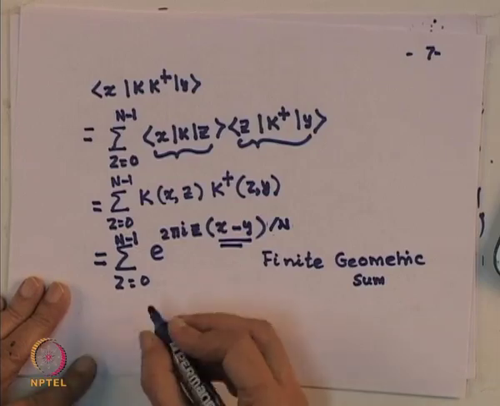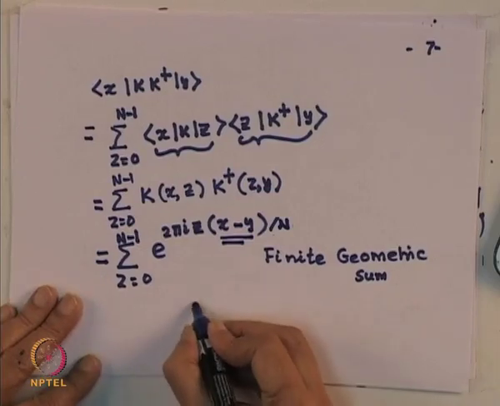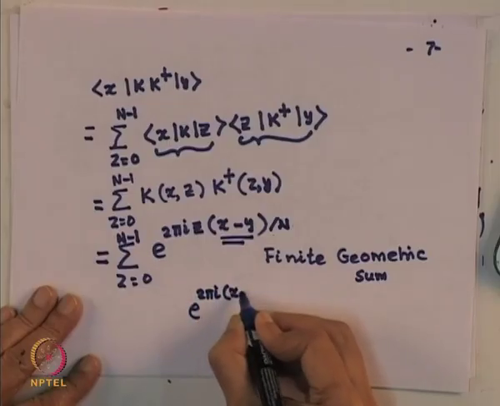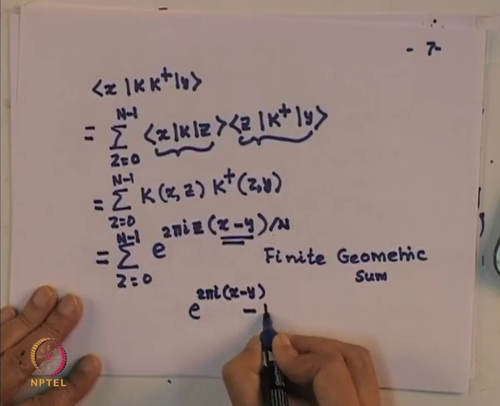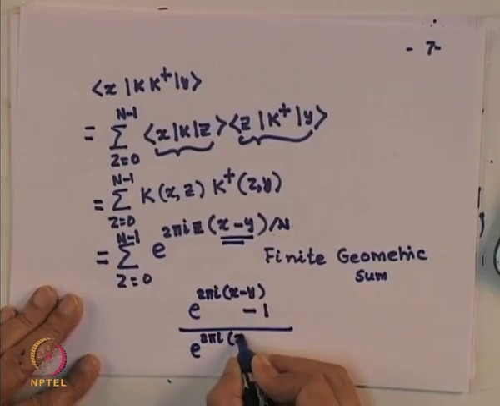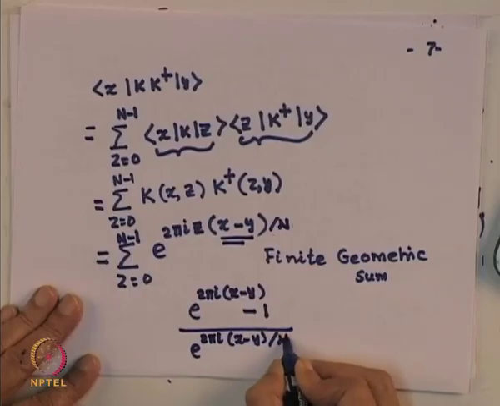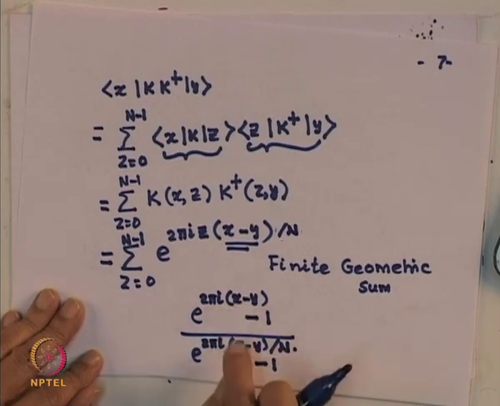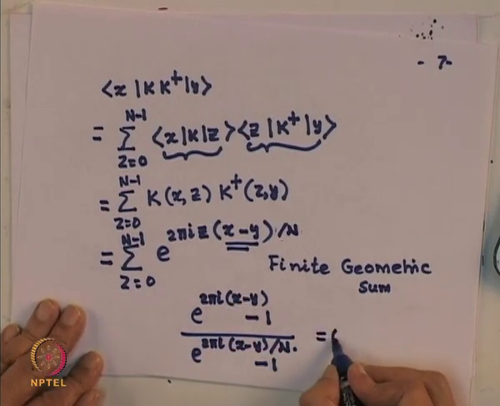So that my sum will then be e to the power 2 pi i (x minus y) minus 1 divided by e to the power 2 pi i (x minus y) by n minus 1. Since x is not equal to y, the denominator is not equal to 0, but the numerator becomes 0, so therefore this sum becomes 0.